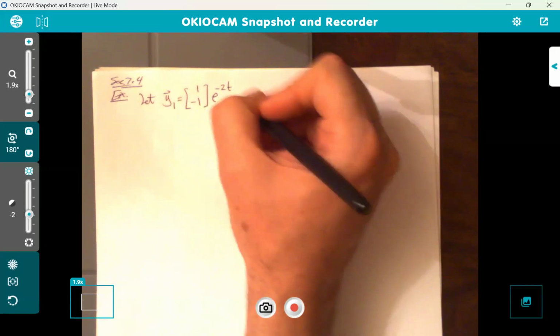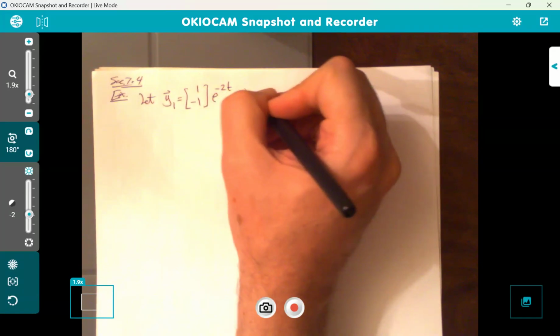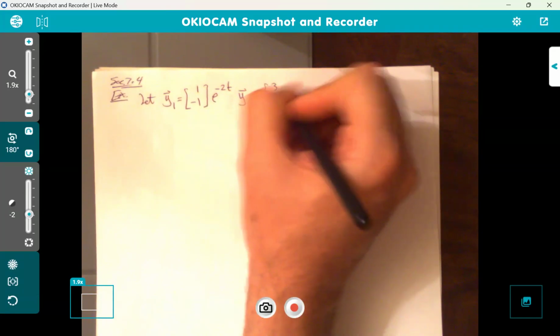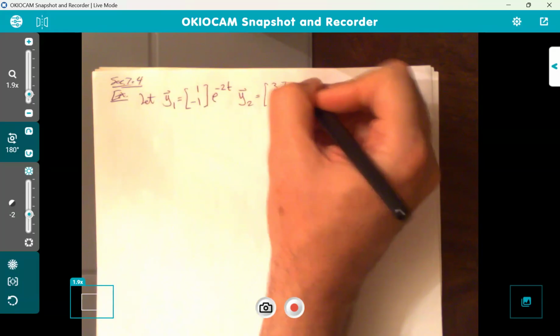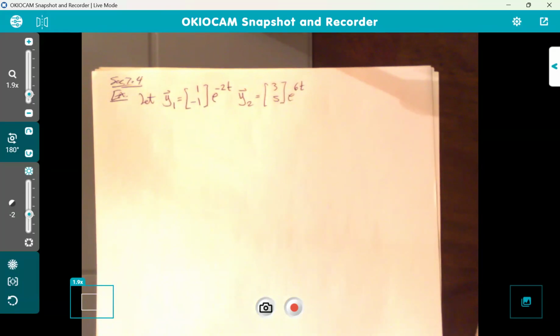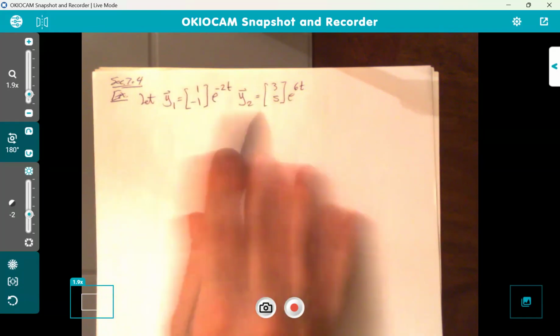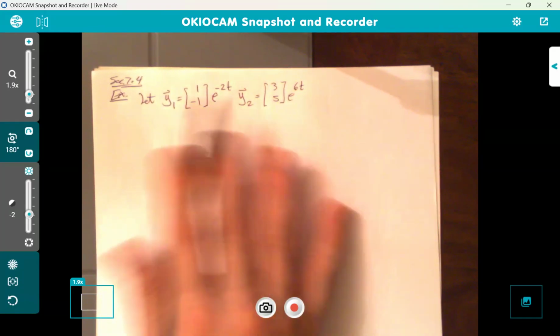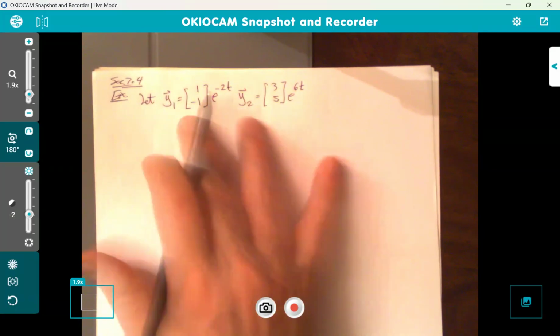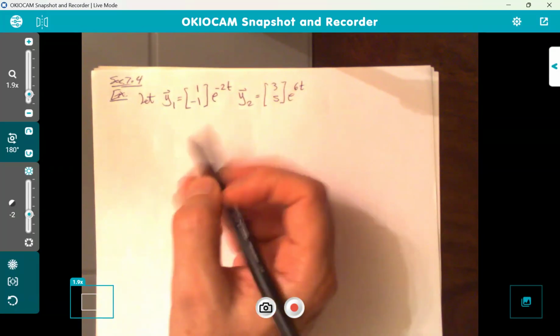Let's say this is what y1 turns out to be, and y2 ends up being 3, 5, e^(2·6t). However I got these, suppose these are solutions of a homogeneous first order system. So what we want to do is this. These are the solutions. How I got this, don't worry about it. But suppose these are two solutions, and we want to answer this question.